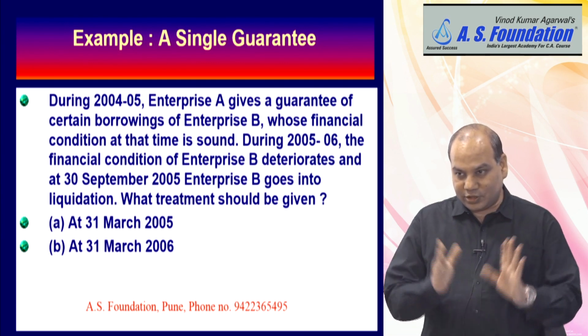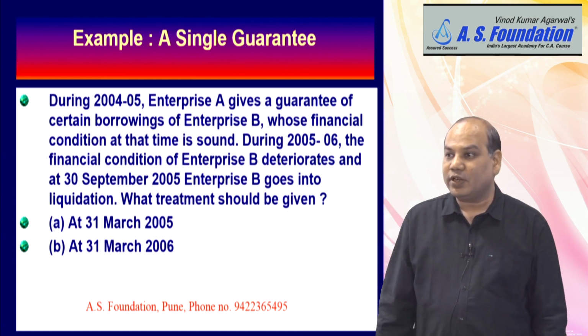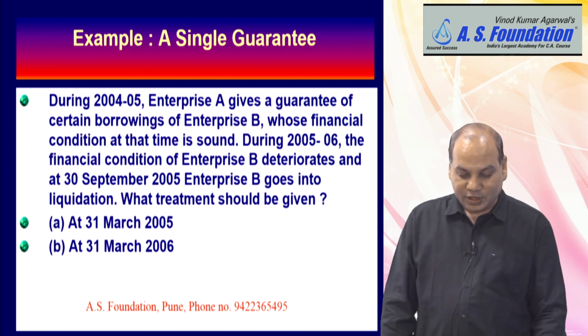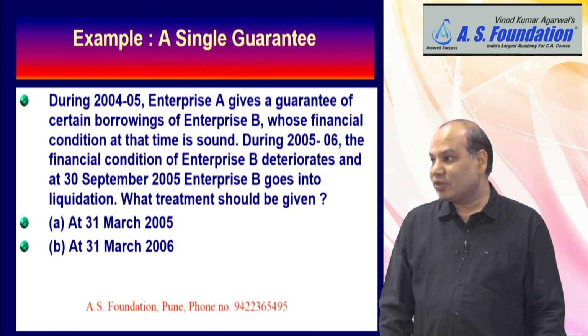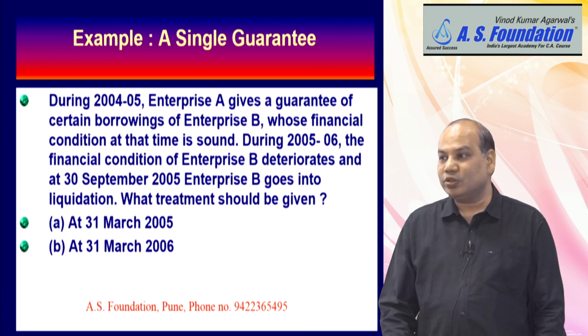Don't worry, it is there in your book. During 2004-5, Enterprise A gives a guarantee of certain borrowings of Enterprise B whose financial condition at that time is sound.